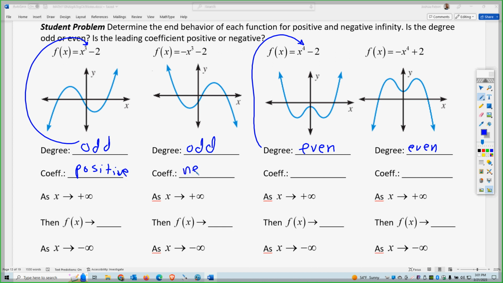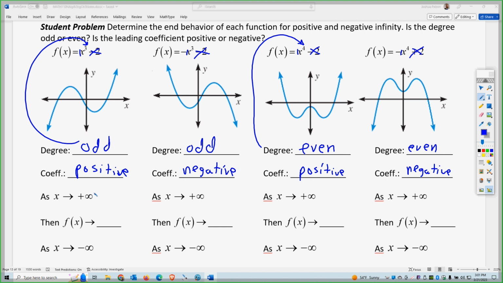The coefficient is negative because you have a negative 1 and a positive 1. So the minus 2 makes no difference because you only look at the leading term here, right? The coefficient is positive. The coefficient is negative because you're looking at the positive 1, the negative 1. So the other terms don't matter. You only look at the leading term.